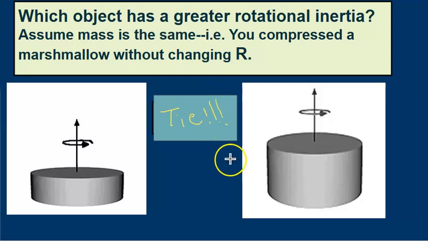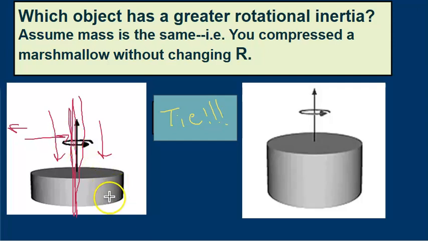It is a tie because I've squished this down, but I haven't brought any mass closer to the pivot or farther away from the pivot. Your reference is this pivot line. And that is what's, I think, medium to tricky hard about this: we keep changing perspective, right?